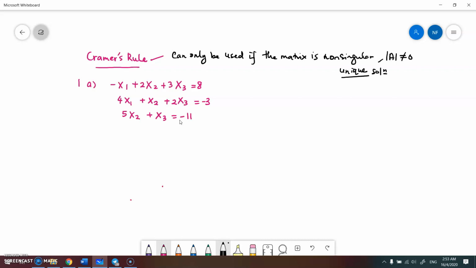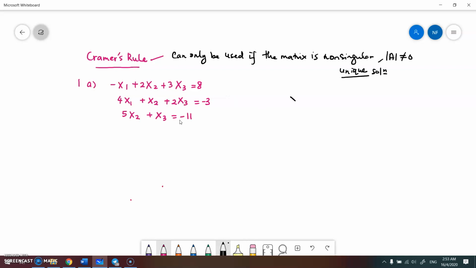As we know, a system of linear equations can have a unique solution, infinitely many solutions, or no solution. So Cramer's rule only applies if the solution is a unique solution.